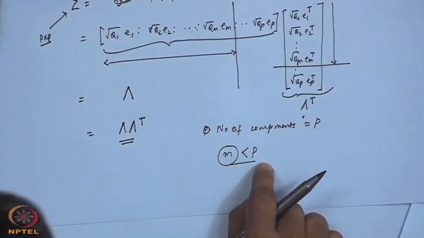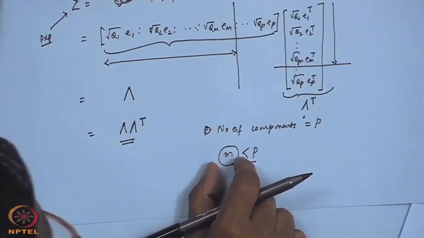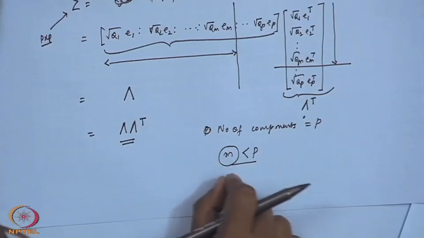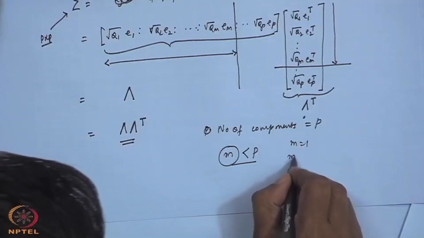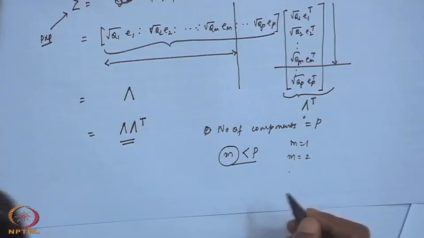We want a subset of P that may be very small. If M equals 1, that is the best, if M equals 2, 3 or like this, but it must be a subset of this.